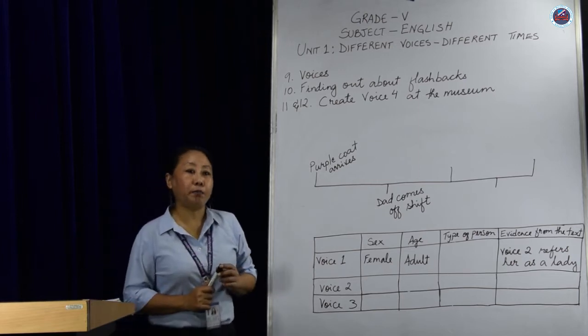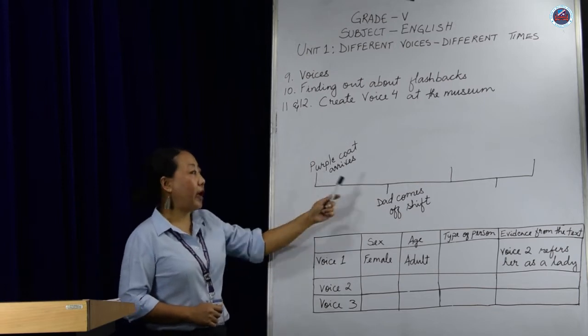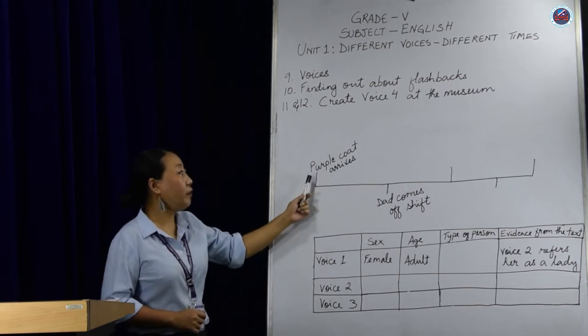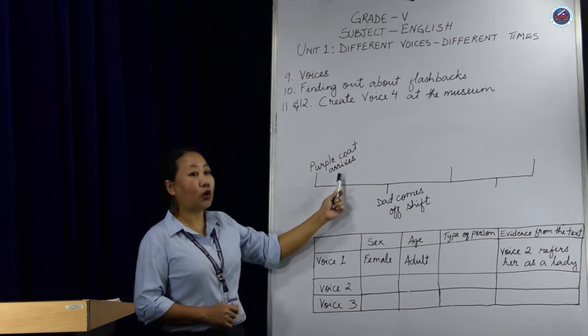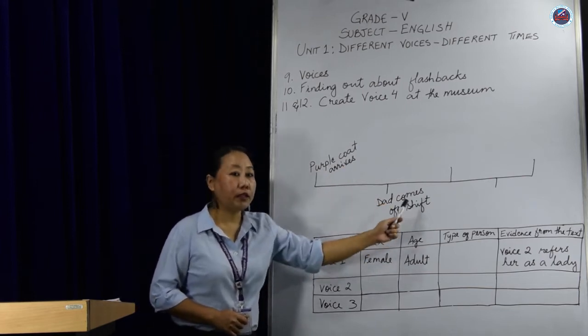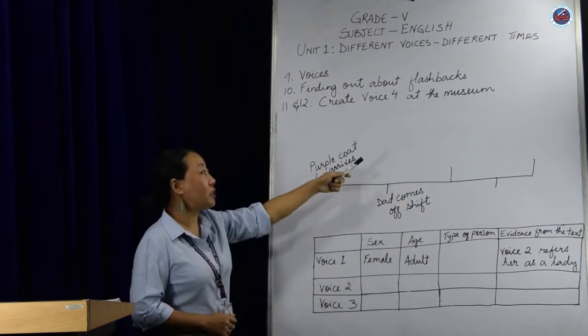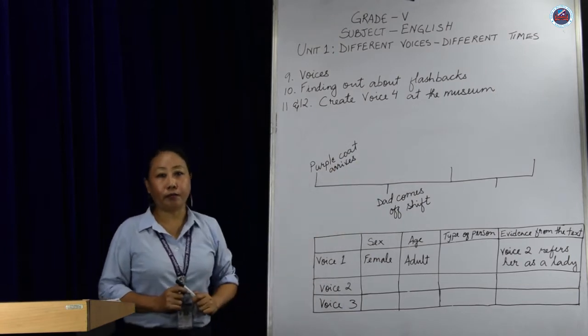Draw the timeline with caption notes above and below. Above, for example, the purple coat arrives. Below, the woman comes off shift. Next, above, write the next caption. So this is how you make a timeline.